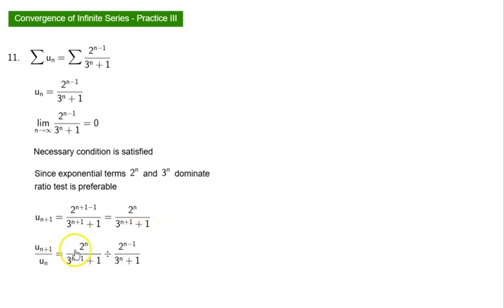So now let's take the ratio u_{n+1}/u_n, equal to 2^n / (3^{n+1} + 1) divided by (2^n - 1) / (3^n + 1).